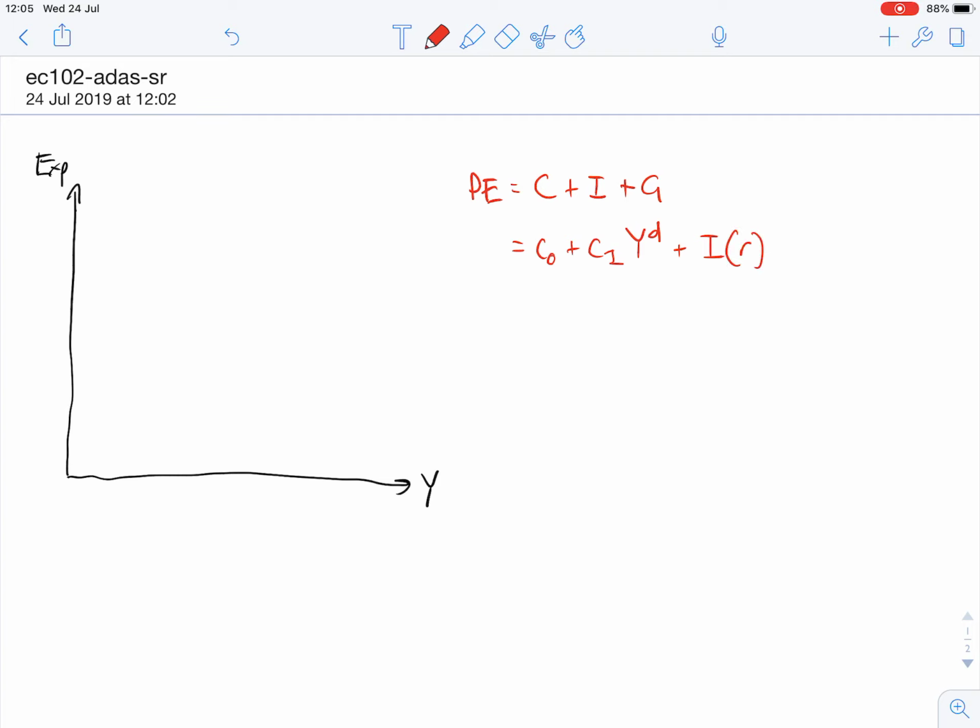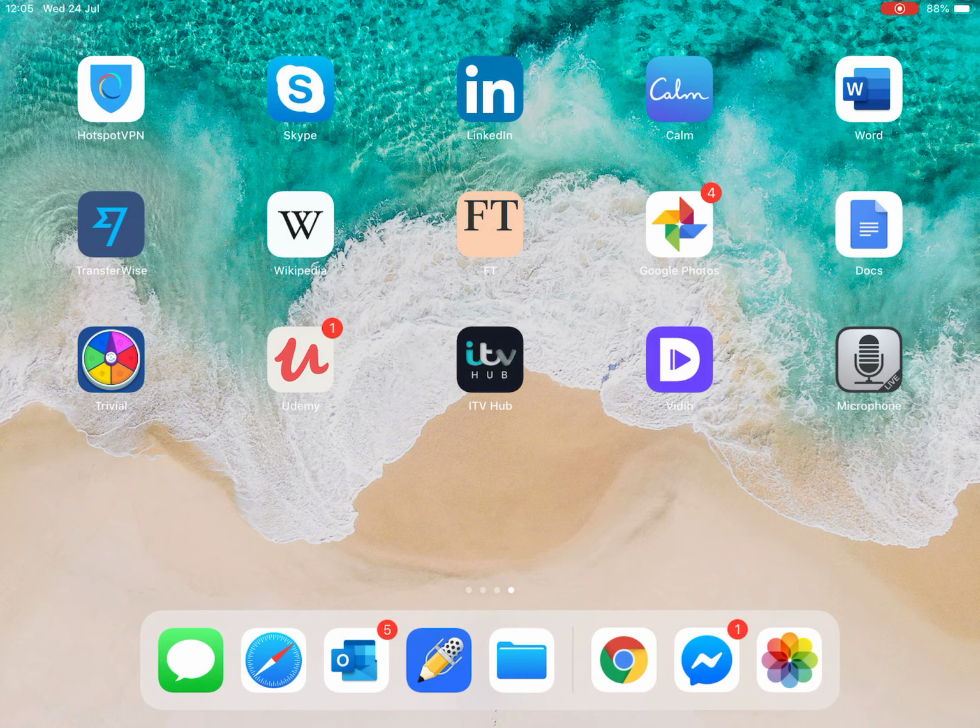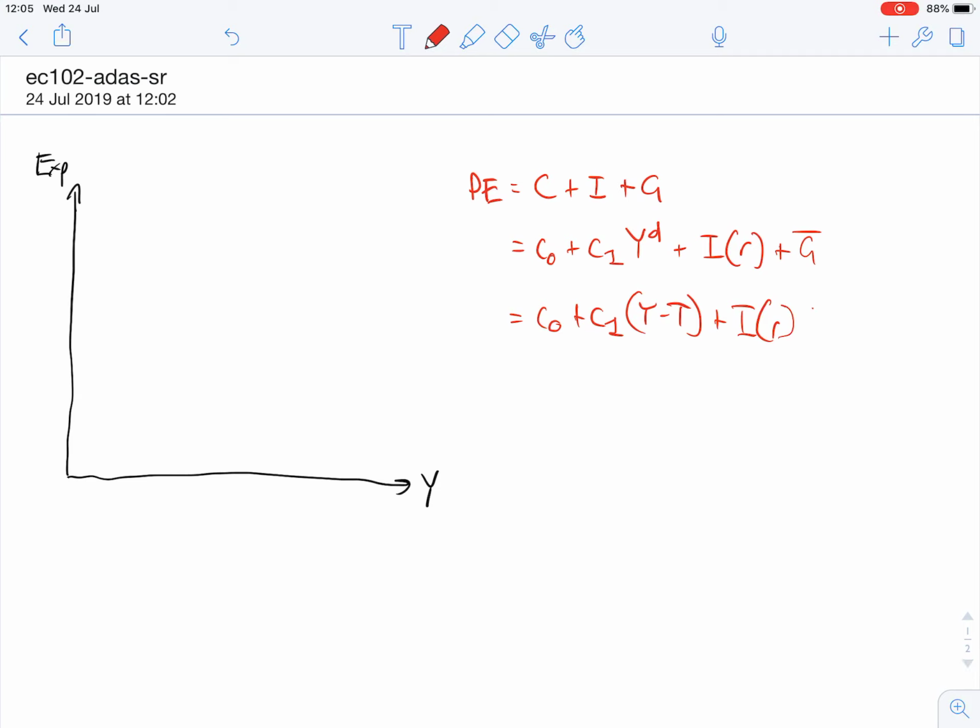So we let that be a function of our real interest rate R, and we'll just take G as exogenous. The last refinement I want to make to this equation is to note that the disposable income is just income less taxes. So that gives us the equation that we're going to graph on the Keynesian cross diagram.